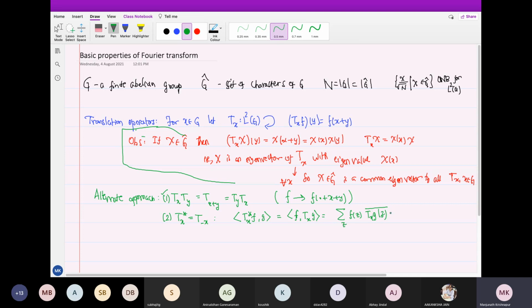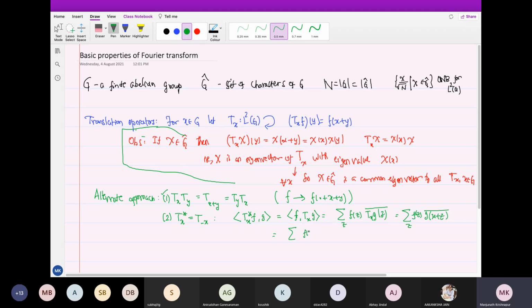That's the inner product in L2 of G. But Txg of z is g of x plus z, so this is f of z times g of x plus z conjugate summed over z, which you can change variables and write x plus z as y.